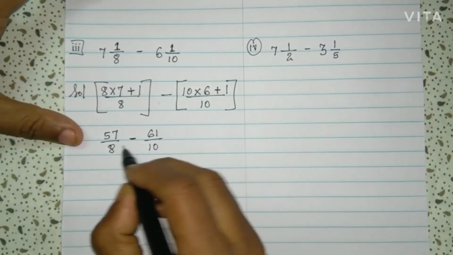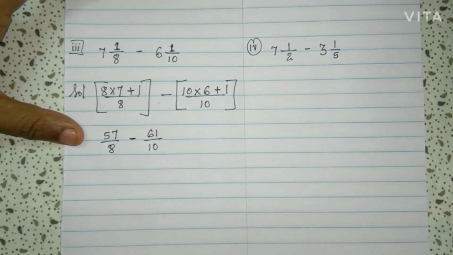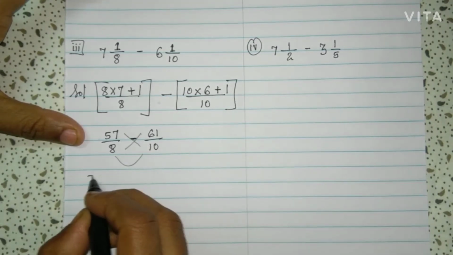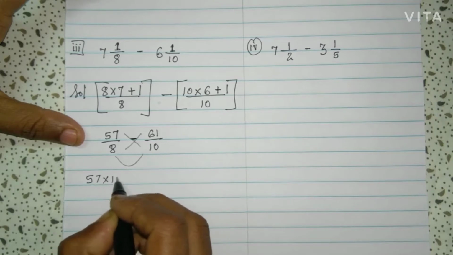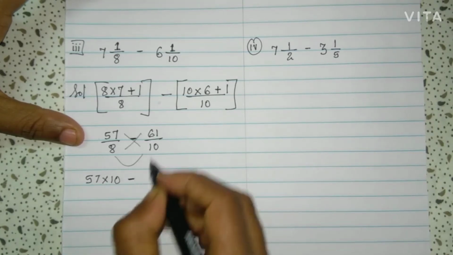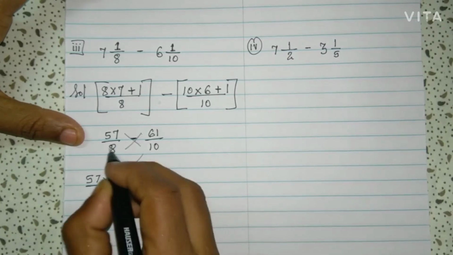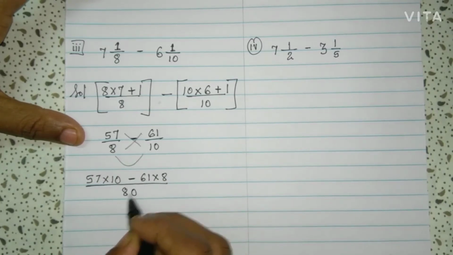upon 10. Again I do not have equal denominator, so cross multiplication. So 57 multiply by 10, then minus 61 multiply by 8 upon 8 tens are 80.